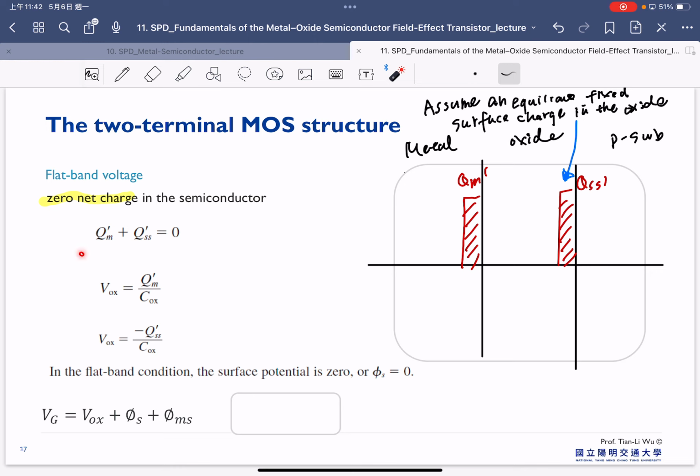And then the Vox can be calculated here, and therefore this one will become this here.